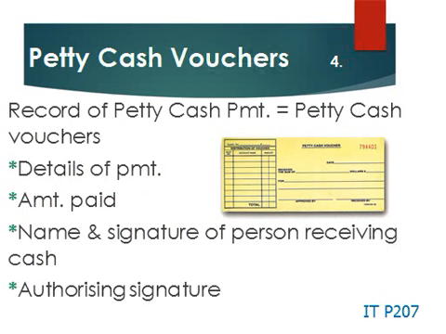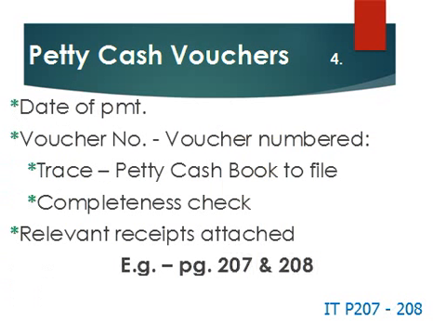When a payment is made out of petty cash, it is recorded on a petty cash voucher. On the voucher will be the following details: the details of the payment, the amount paid, the name and signature of the person receiving the cash, the authorizing signature of the person who authorized the payment, the date of the payment, and the voucher number.